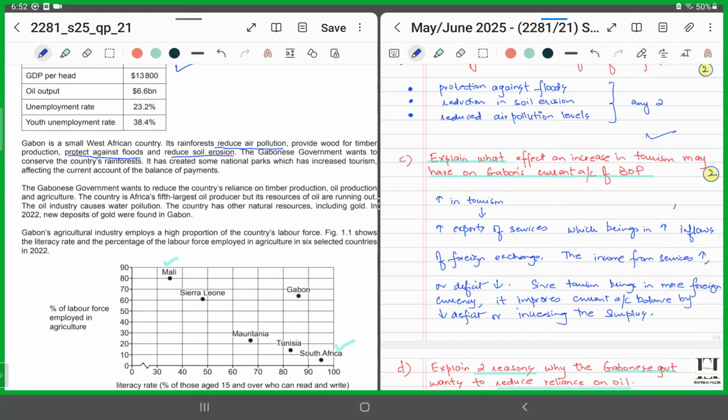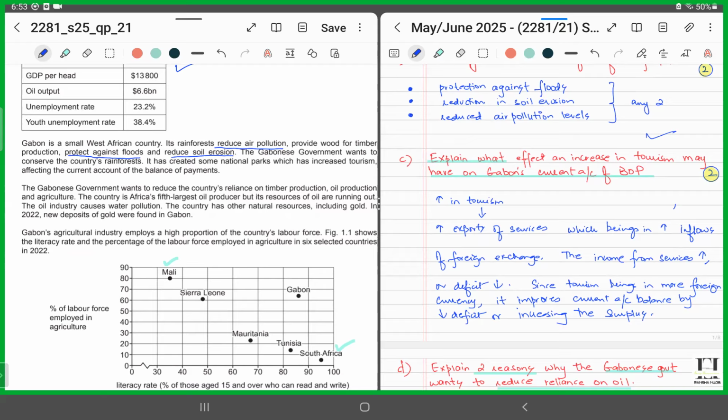Therefore, its current account deficit would either be falling or current account surplus would be increasing. Since tourism brings in more foreign currency, it will improve the current account balance by either reducing the deficit or increasing the surplus, right?